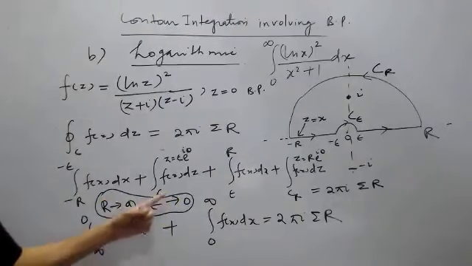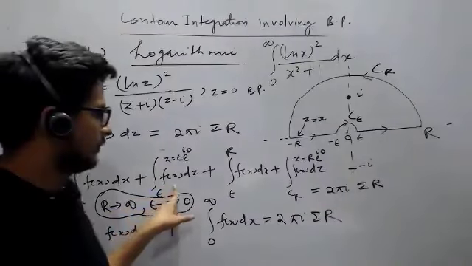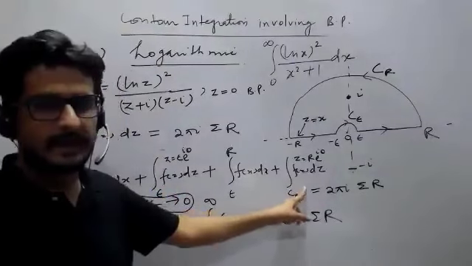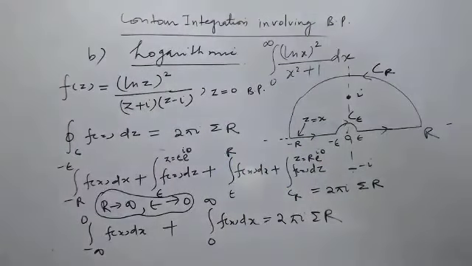So if you put this limit, then this part will go to 0, this part will become like this, and this will again go to 0, like I told you in the case of semi contour, that contour integral becomes 0.